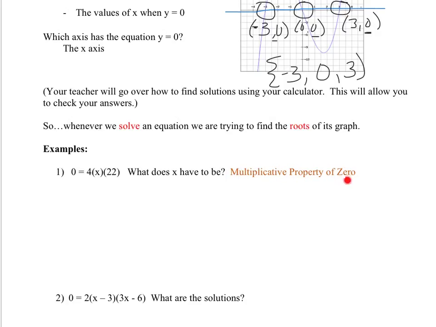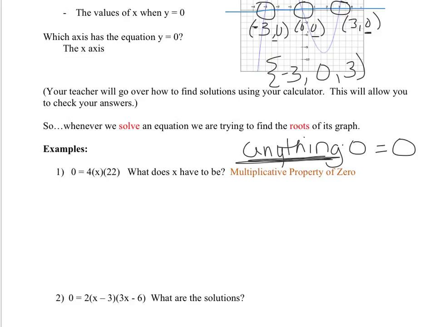We use the multiplicative property of 0. And all that means is that anything times 0 is always going to be 0. So if you take your anything, we don't really care what that is, one of the values always has to be 0 when you're multiplying to equal 0.